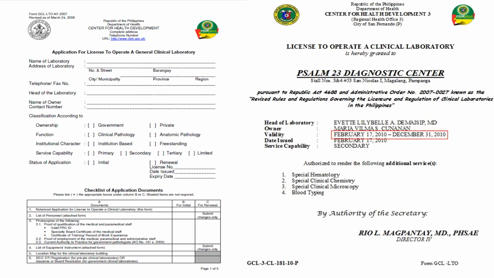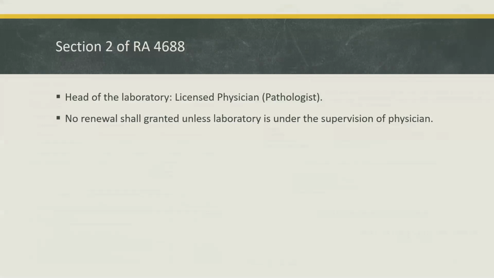So, 1-year validity. Section 2 of RA 4688 is about the head of the laboratory. It is clearly stated that the head of the laboratory is a licensed physician, particularly a pathologist.